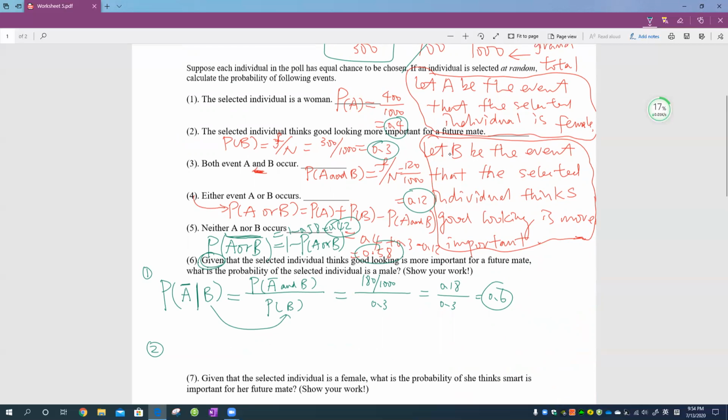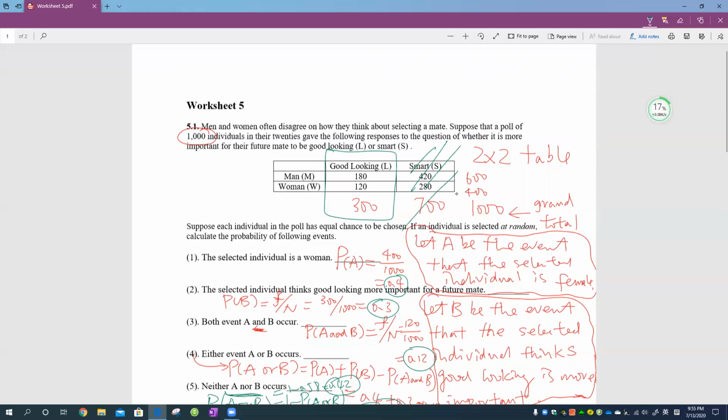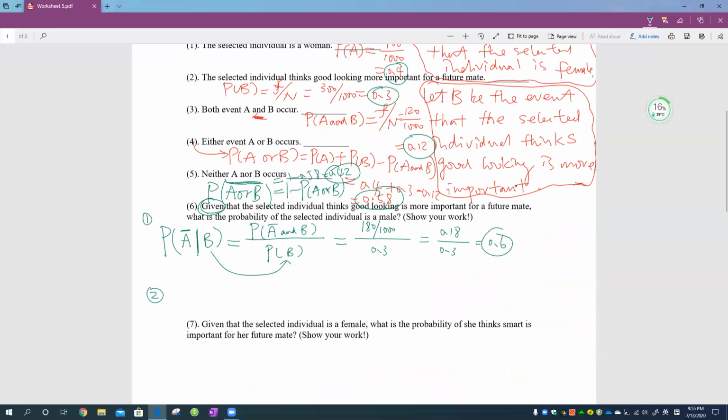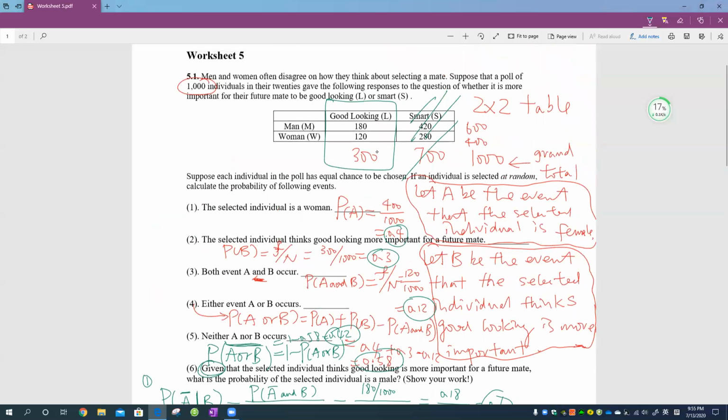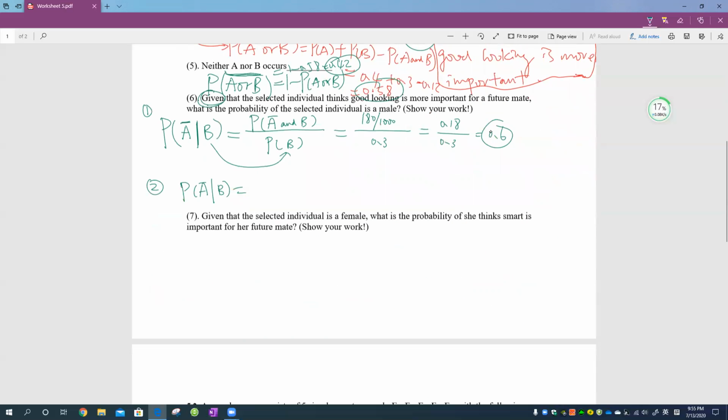We want the probability that the selected individual is a male. Then we just want to look at the probability of, again, write down, male, we have the count of 180. So still this is an F over N rule, but with the pre-set condition there, so we say that's F star and N star.